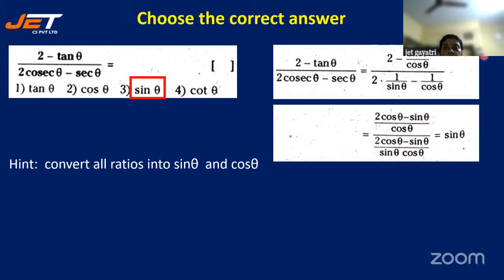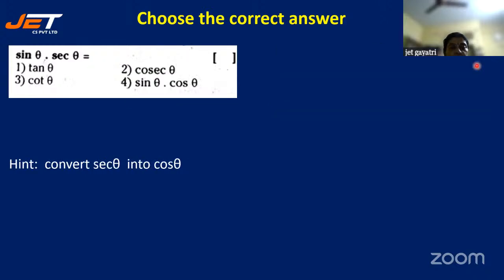All right. Now let's move on to the next question. We have sine theta into secant theta is equal to dash. So what is sine theta into secant theta? Here they have given you the clue to convert secant theta into cos theta.